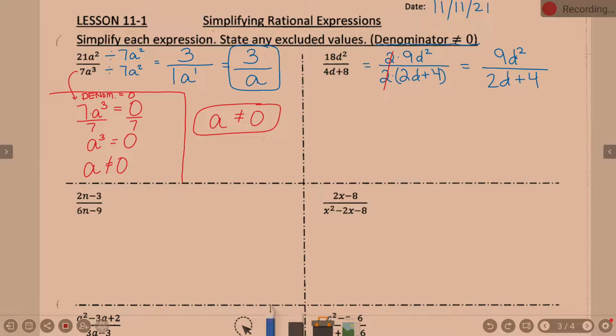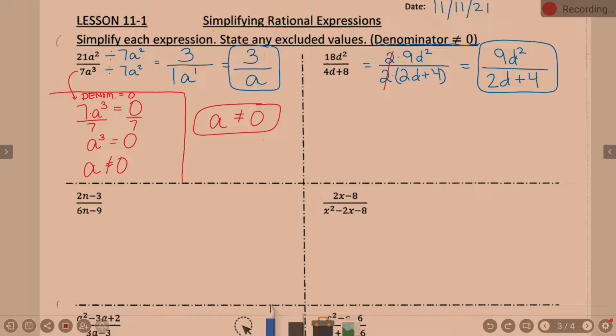And that's your simplified answer. Now, if you're saying, I don't like factoring the 2 out, I just divide everything by 2 and get the same answer, that's okay. That works.